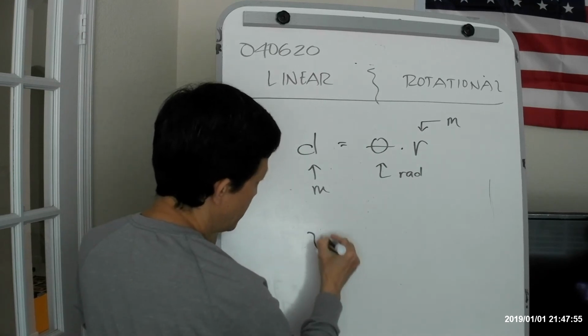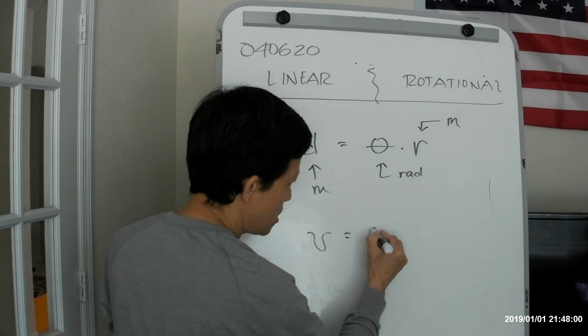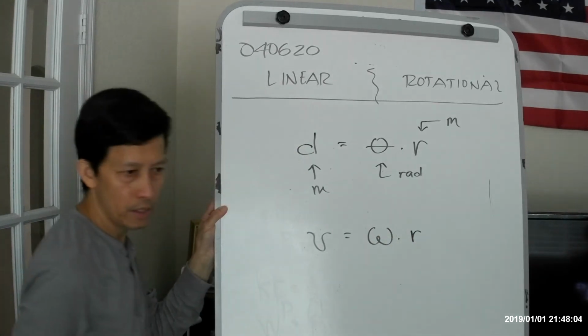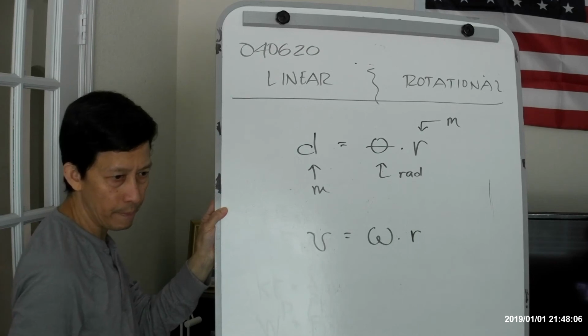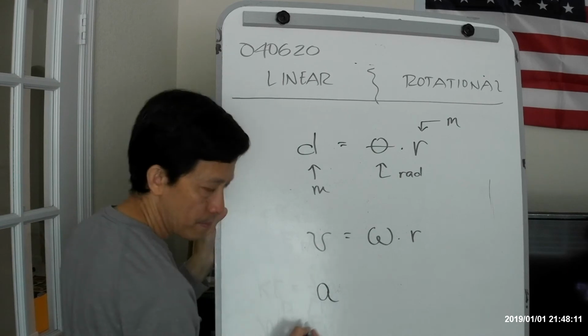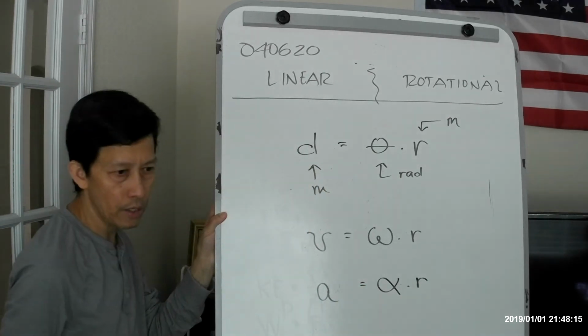How about v? You can expect it's simply omega times the radius of your circle. And acceleration a? Simply alpha times the radius.